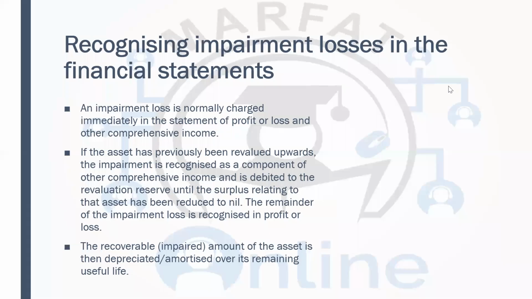So now we are discussing recognizing impairment losses in the financial statements. Now this is the same thing we have studied in IAS 16. Whenever there is an impairment loss, you have to see two things.